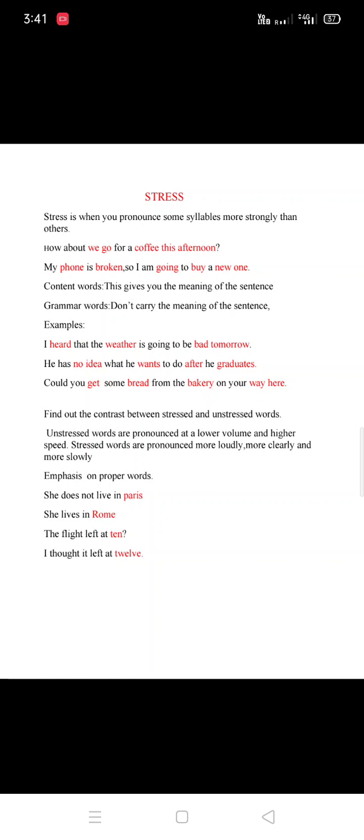These are all content words, that is, the most important words, and I am giving stress on content words. So it's very simple. In our previous class we discussed this, but I just repeat it so that you can remember all the rules and we can move forward.